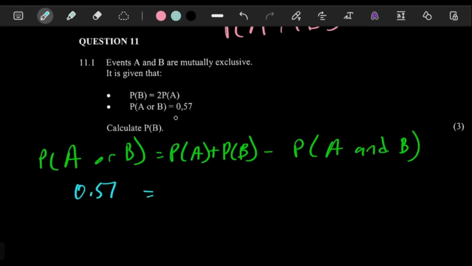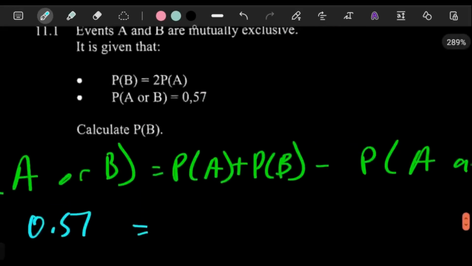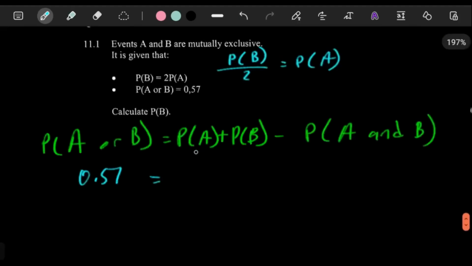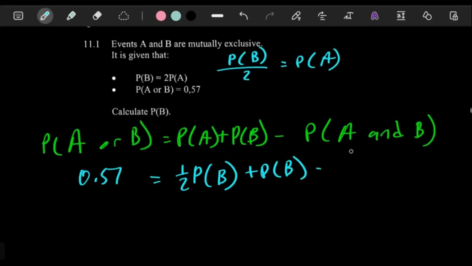For the probability of A, if you divide by 2 on both sides, the probability of A is the probability of B over 2. So here we can put half the probability of B, plus the probability of B, and then the probability of A and B. Since they're mutually exclusive, this is 0.